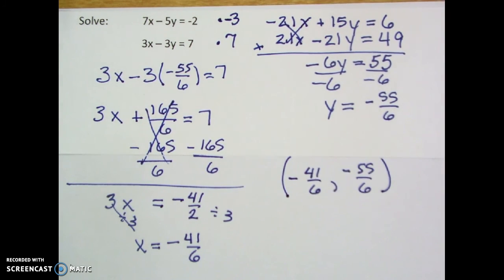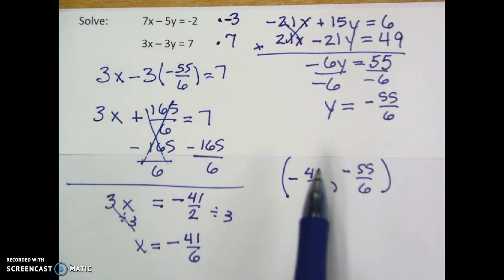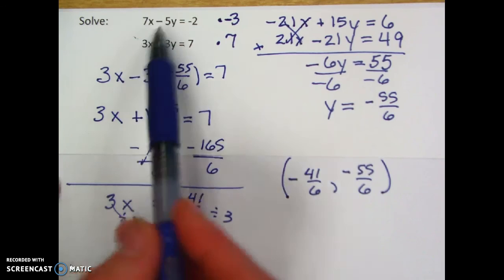Now, which is more accurate, a decimal answer or a fraction answer? The fraction answer. The fraction answer is exact. Usually the decimal answers we have to round them. So if you round it, that makes it less accurate, less exact. Also, we can take these answers and substitute them into our equations for x and y and check.